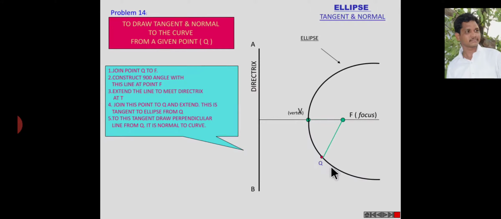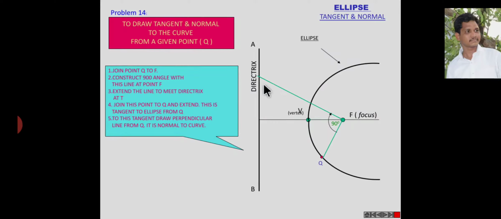Draw a line. Now construct a 90 degrees angle with the FQ line. Take 90 degrees here and draw a 90 degrees inclined line like this.